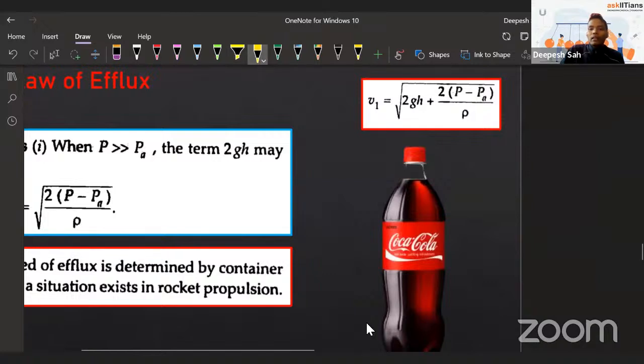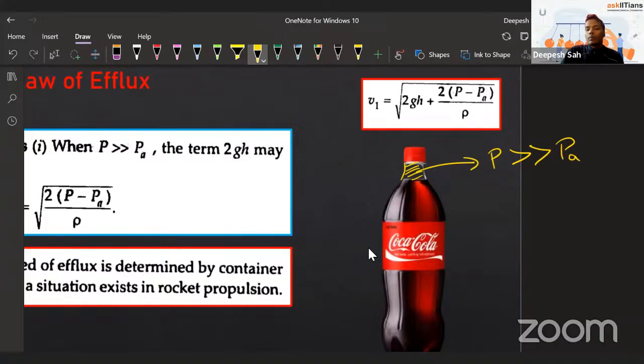As you know, the pressure inside soda bottles is very big as compared to the atmospheric pressure. Of course, there is not that big of a difference, but still, let's consider it for an example. And this is a closed container as well.